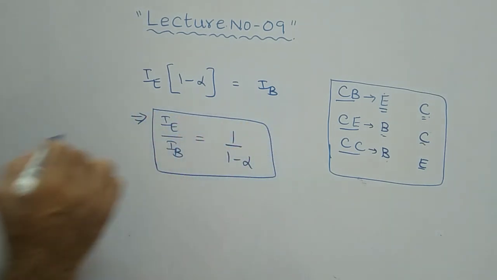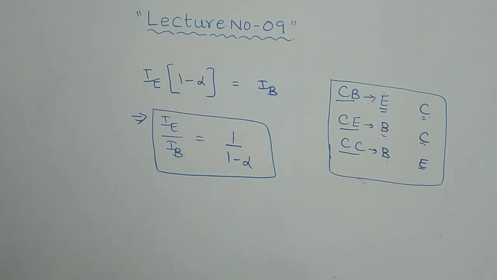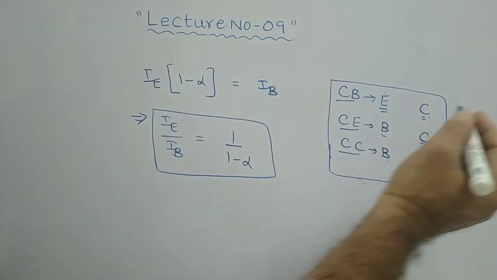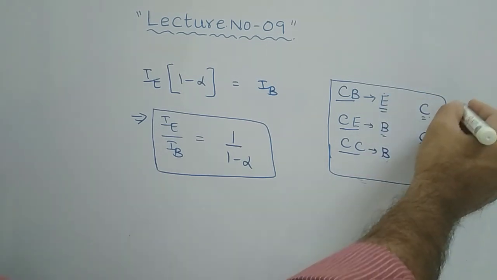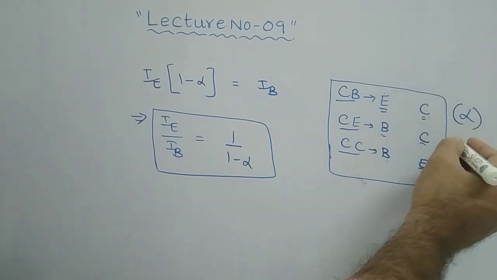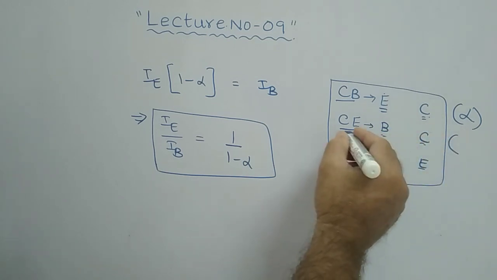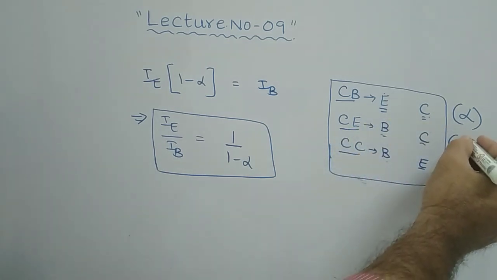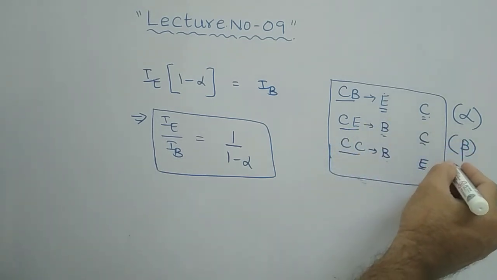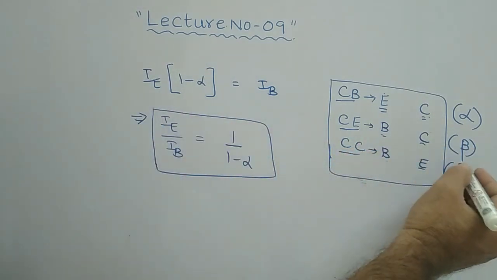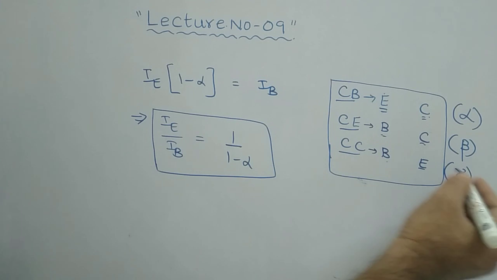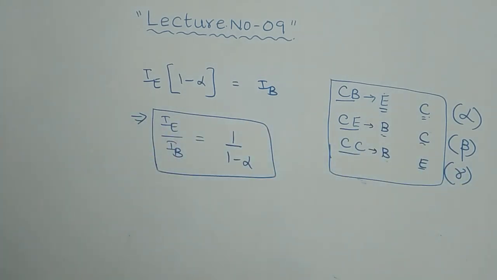This is one relation actually, 1 by 1 minus alpha. Remember that in common base configuration, alpha is the current gain. In CE configuration, the current gain is denoted with beta, and in CC configuration, gamma is the current gain. These are three important parameters that should be remembered.